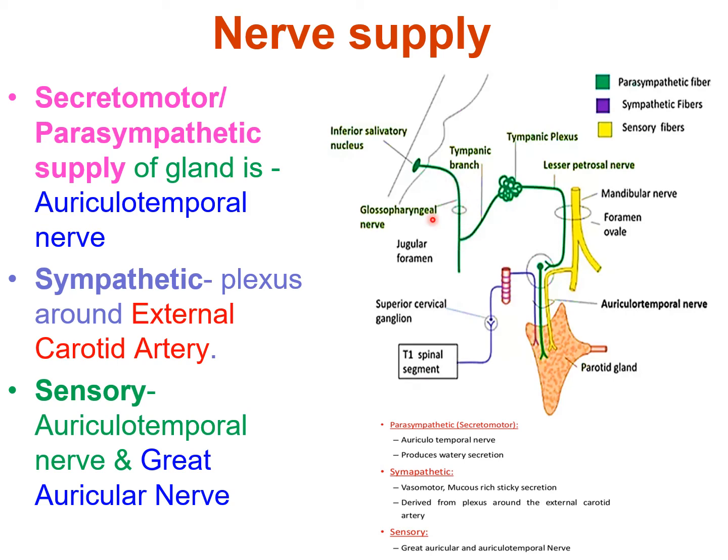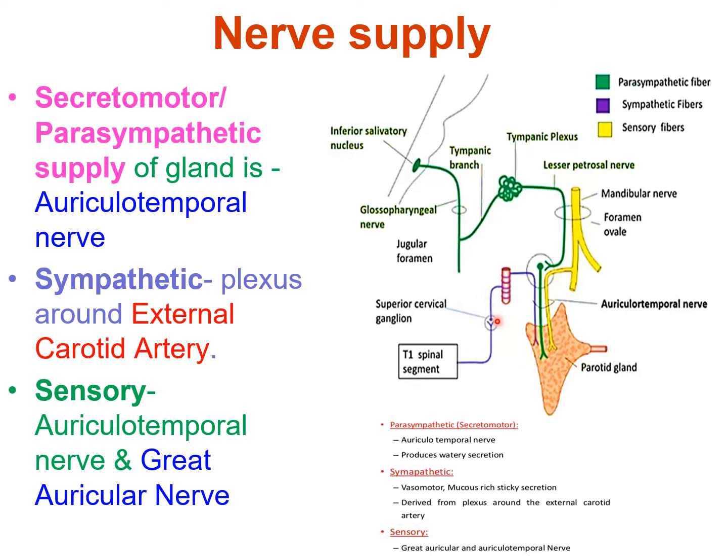So the ninth cranial nerve synapses on the otic ganglion. We'll be discussing the otic ganglion in the subsequent lectures. And the postganglionic secretomotor fibers that emerge from the otic ganglion reach the parotid gland via the auriculotemporal nerve, which is a branch of mandibular division of trigeminal nerve.